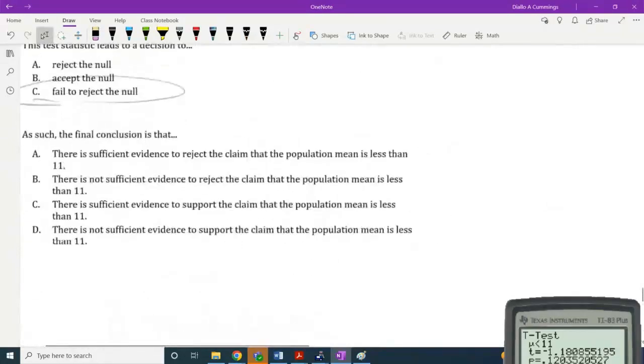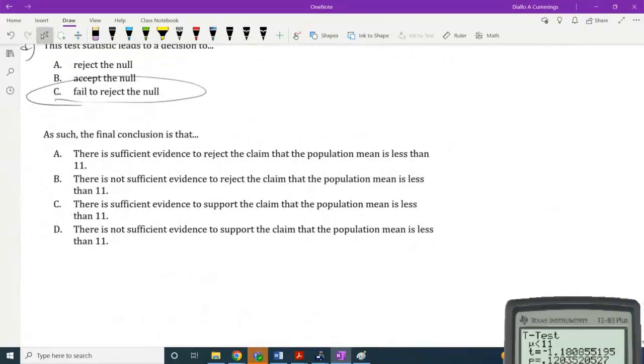So as I take a look at my answer choices, A is out of the picture, right? Because A said there is. I'm looking for there is not. So B could be a possible answer choice, and D could be a possible answer choice, right? So I'm going to narrow it down even further.